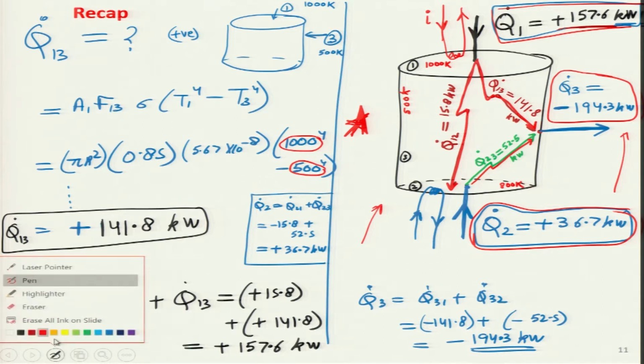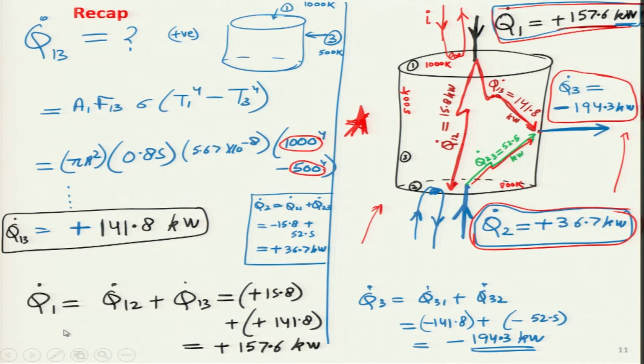So, maybe I will switch to another yellow color over here. It seems that this cylinder is a kind of furnace, where we are actually supplying heat from two surfaces. I am marking it in yellow color over here. The top surface, surface 1, has a heat input of about 157 kilowatts, and so does the bottom surface, surface 2, which has a heat input of about 36.7 kilowatts.